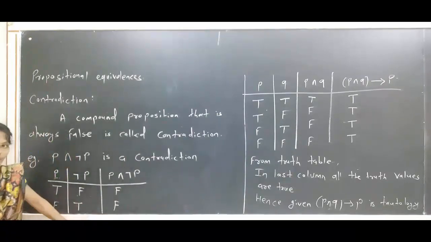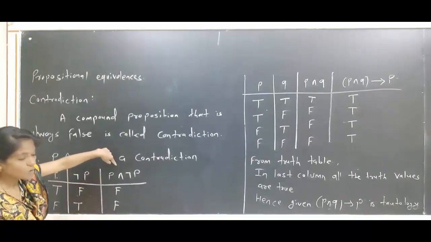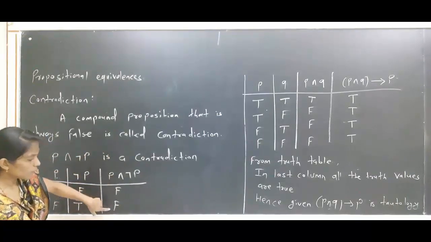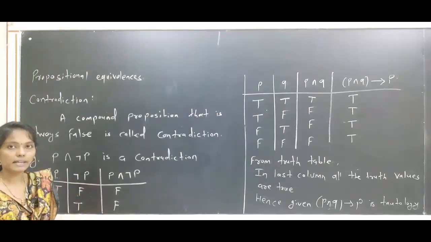Observe this truth table. In the last column, all the truth values are false. Hence this proposition is a contradiction.